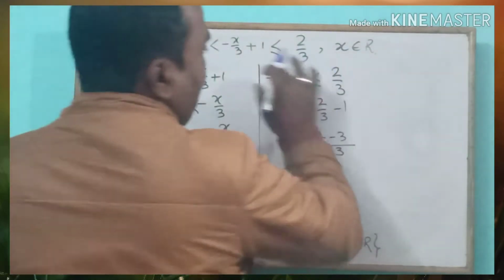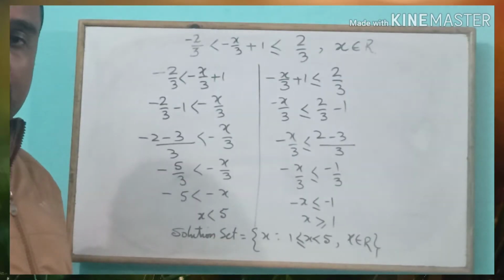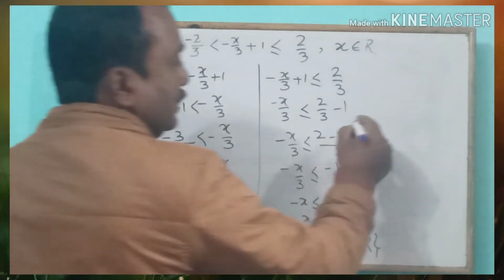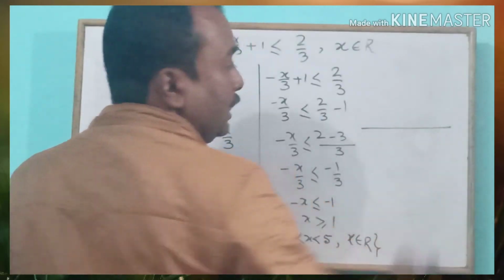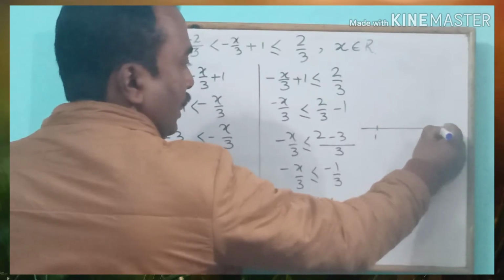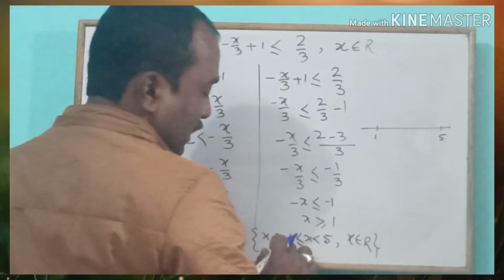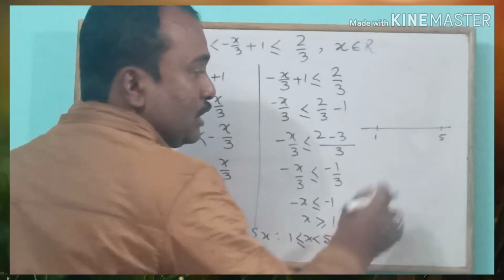Then if I graphically represent this solution on the number line, what does the number line look like? Here we have 1, here we have 5, all the numbers in between them, but 1 is included and 5 is not included.